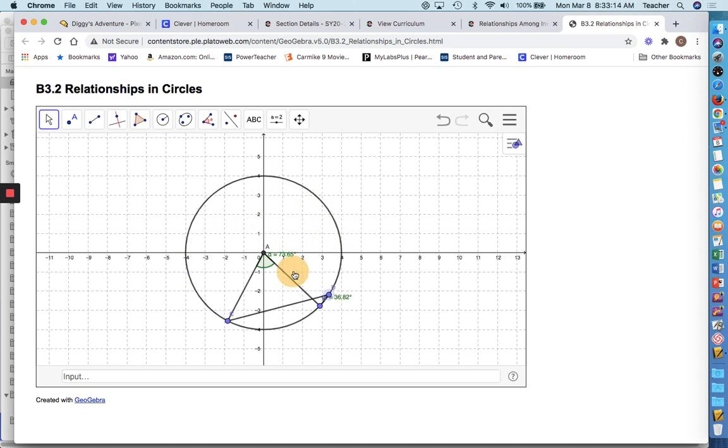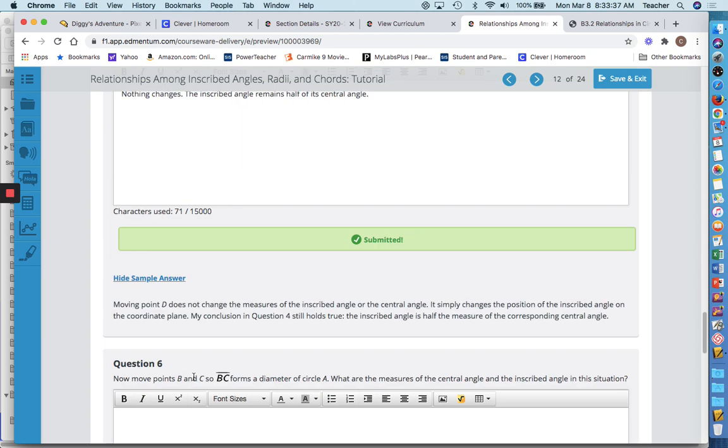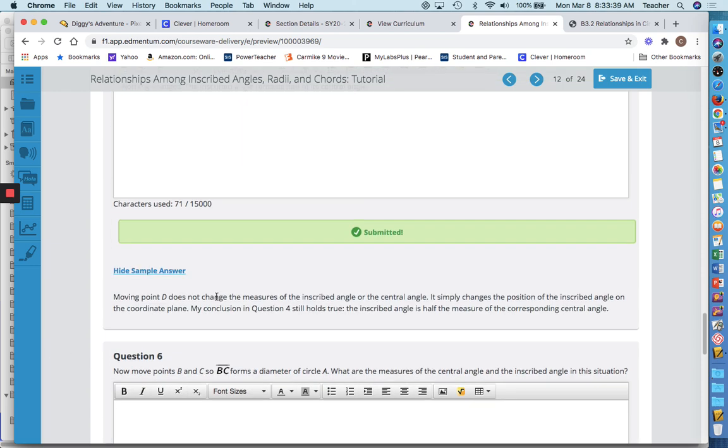Put it over here, it's 36.82. Nothing changes. The inscribed angle remains half of its central angle.